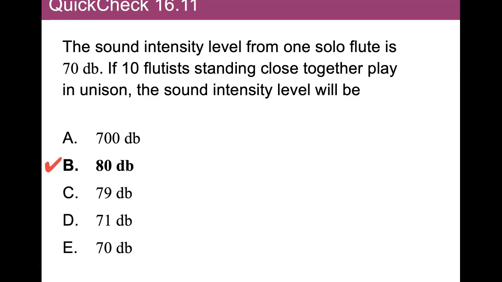And that's what we do. So 70 goes to 80. So that's a good lesson. Anytime you multiply your intensity by a factor of 10, you're adding 10 to your decibels. All right, so let's stop here and we'll continue our discussion of waves in the next lecture.